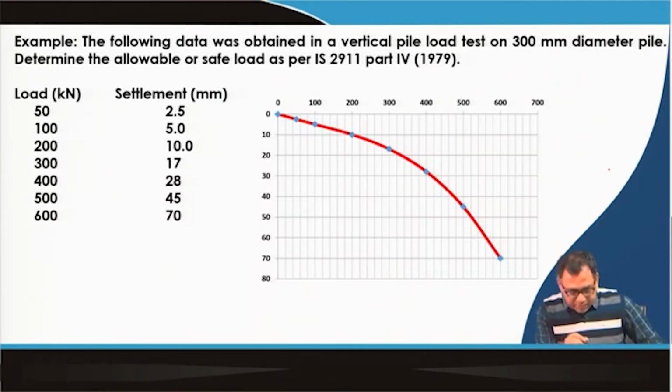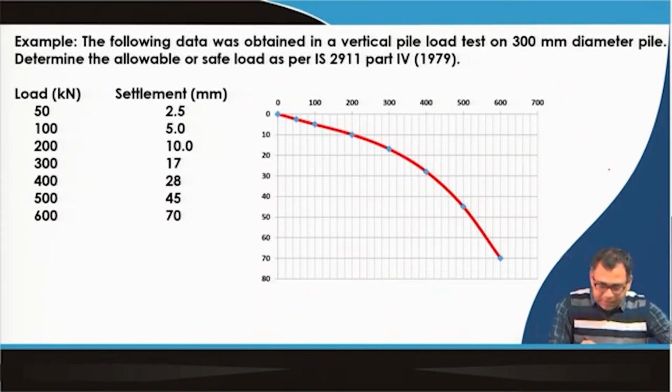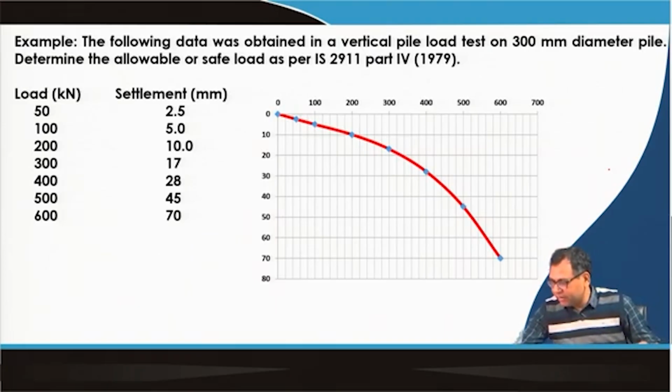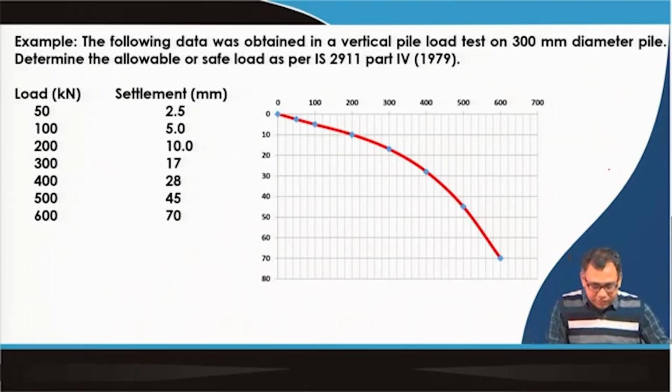Now, I will solve one example problem. The same load settlement plot I have taken here, that I used to calculate the load carrying capacity of the single pile. So, this is the load settlement curve. This is the load and this is the settlement.